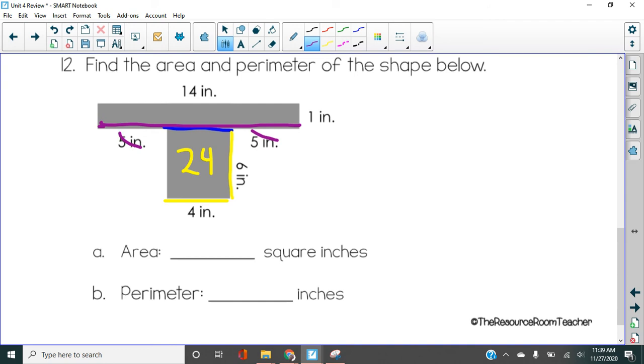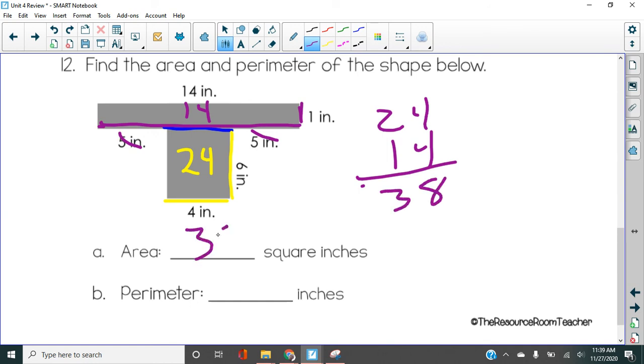It's 14, and then obviously times 1, 14. What should I do with these two parts to get the answer? I need to add those up. And when I do so, I get my answer, 38. Now, the last thing, 38 square inches, which is right there, I need to also find is the perimeter.